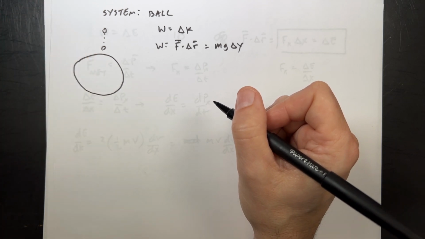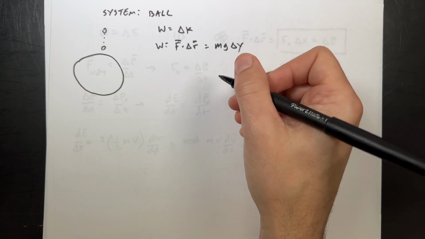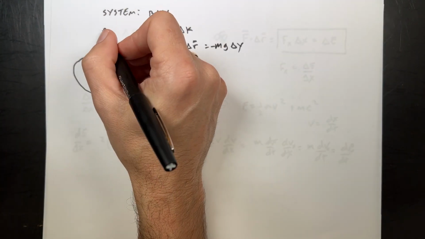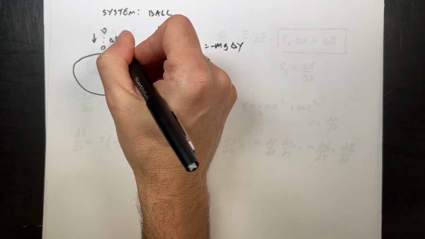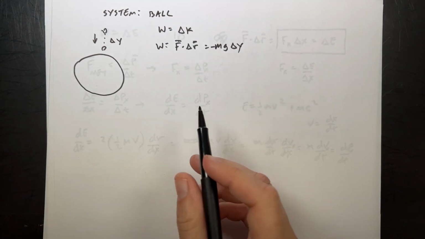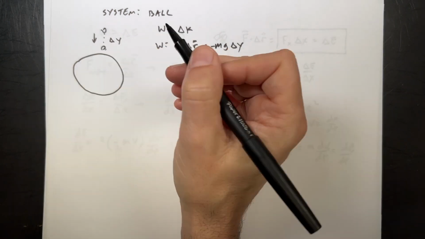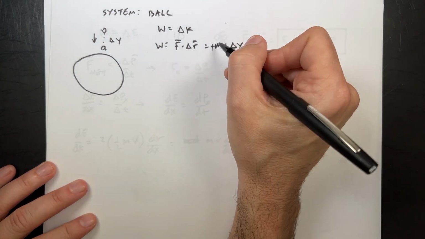No, negative. Wait. So F is that way. Well, delta y. Well, if y final is 0, that's fine. It is that way, right? mg. No, because mg is negative. Okay, let's write this out.